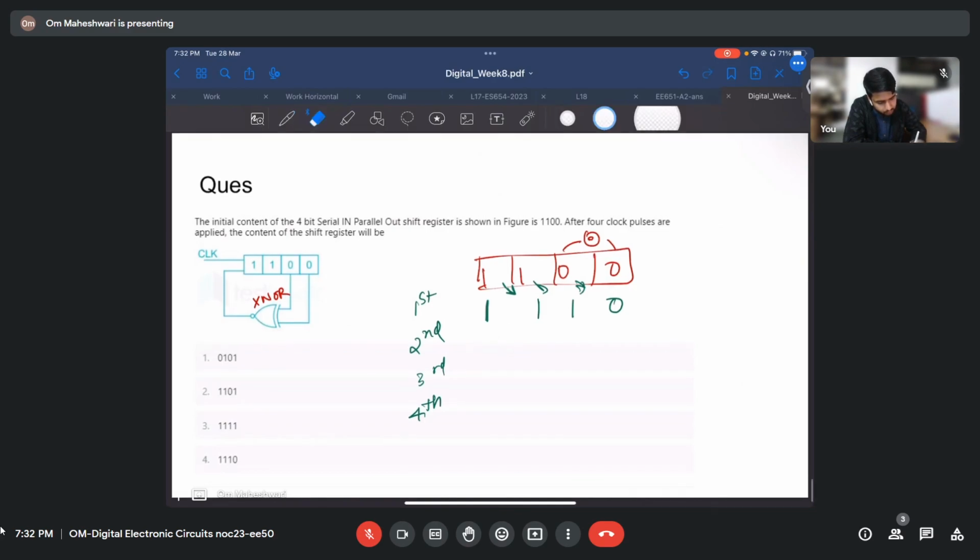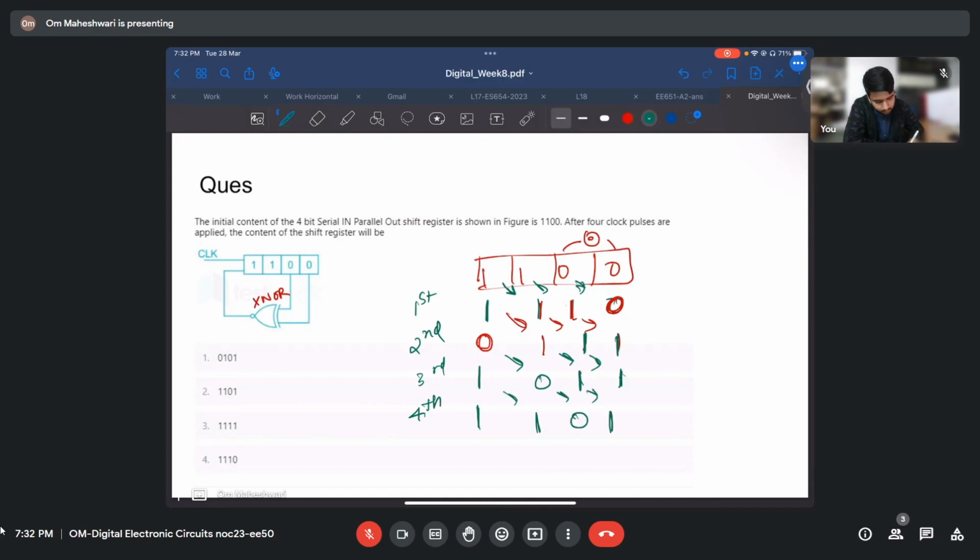These will shift, 0111. XNOR of 1 and 1 is 1. These will shift. And again, XNOR of 1 and 1 is 1. These will shift, 1101. This is the answer. At the fourth cycle, we have 1101.